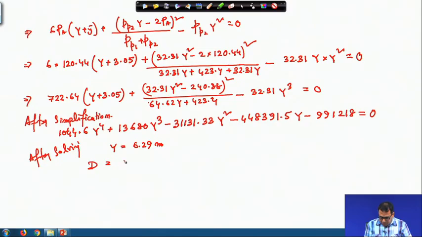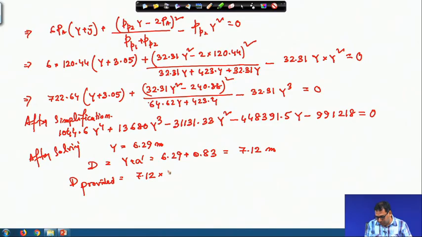So, D value will be Y plus a dash. So, 6.29 plus 0.83, this is equal to 7.12 meter. So, I will increase it by 30%. So, D provided will be 7.12 into 1.3, that will be equal to 9.3.